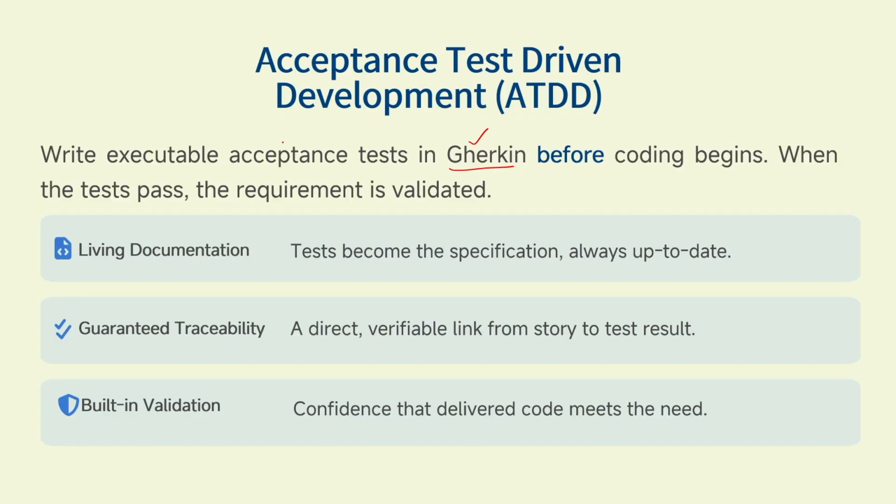The requirements document is actually the input. So you can start writing the executable test cases for acceptance using Gherkin or any other available software. Whenever the test passes, the requirement gets validated.